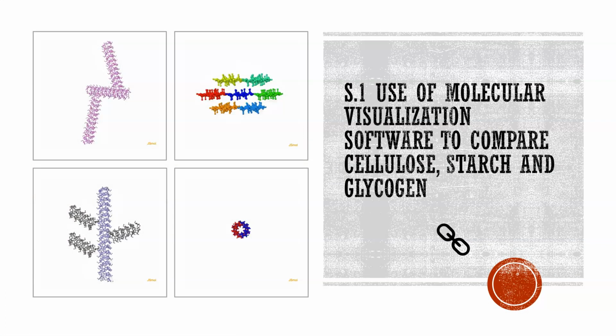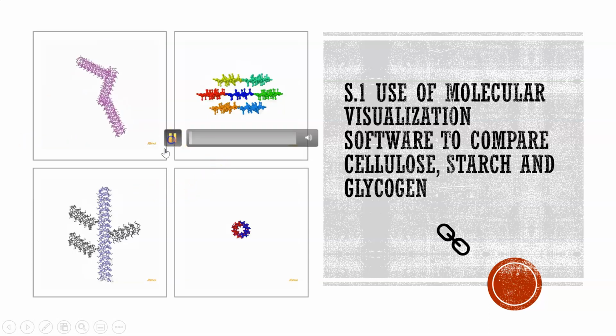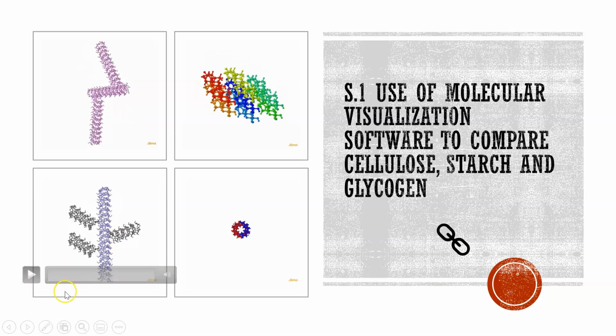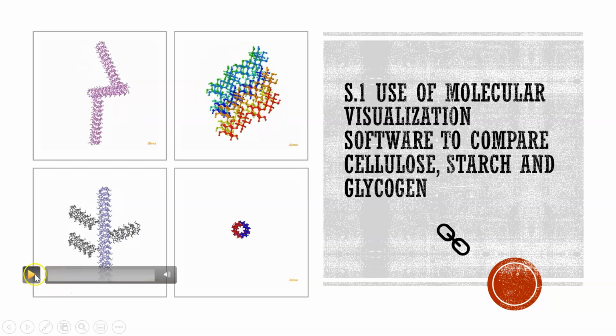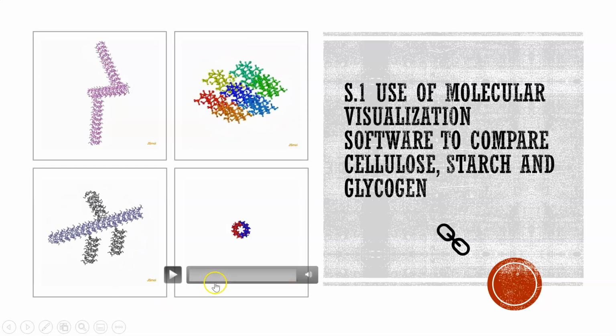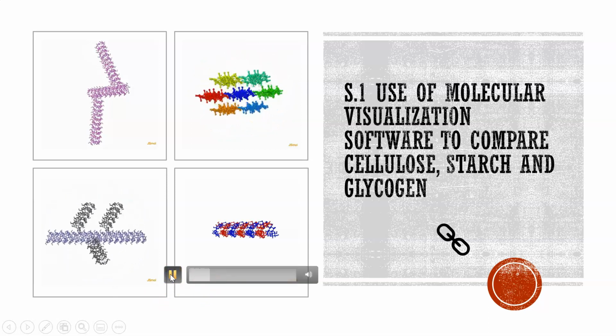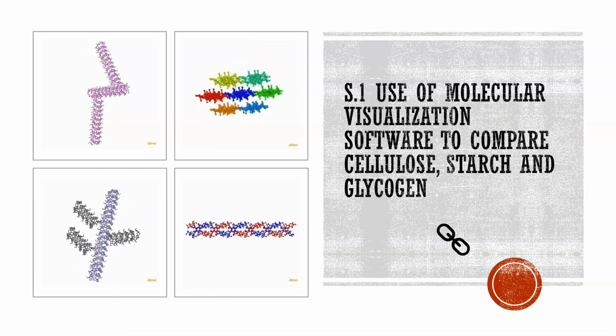All right, one of the skills of this unit is to use molecular visualization software to compare cellulose, starch and glycogen. Now we will be doing more of this in class, but just to show you in advance. So this is what we mean by molecular visualization software.